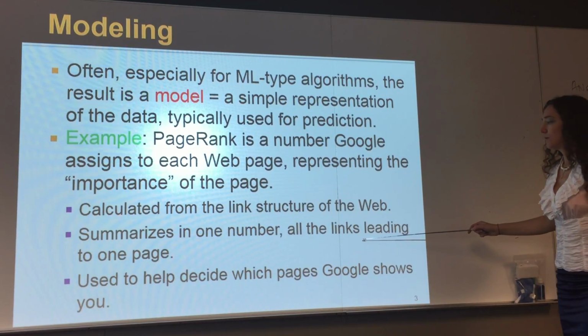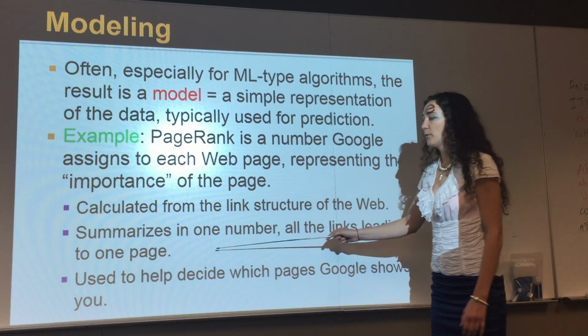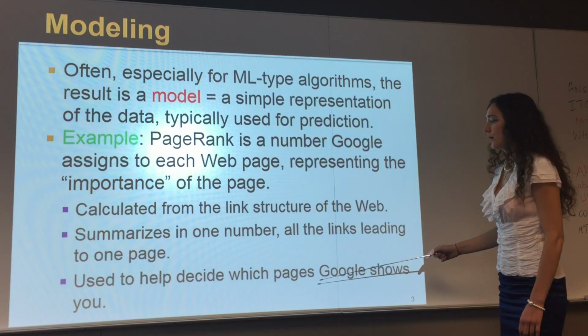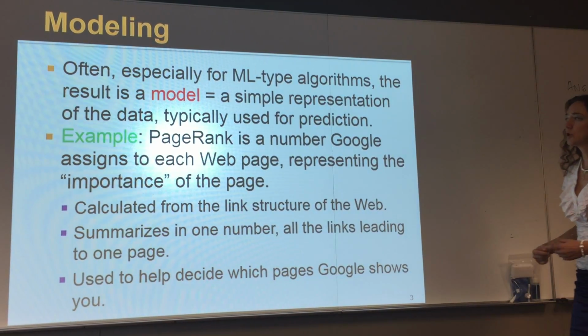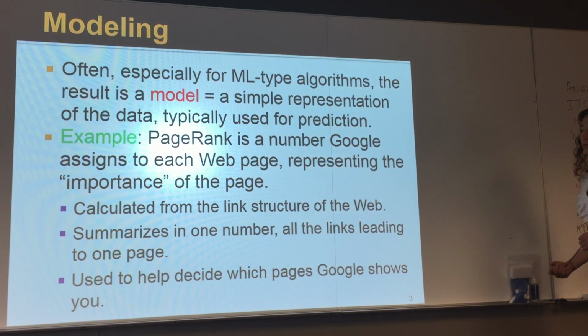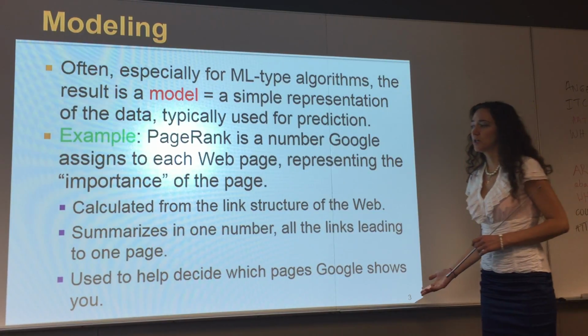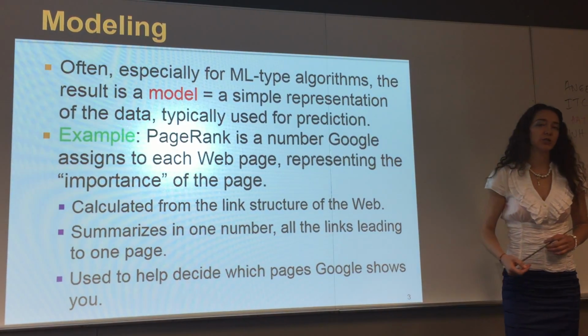It summarizes in one number all the links leading to this page, and is used to help decide which pages Google will show you. Of course, that can change because the links on the pages change every day.